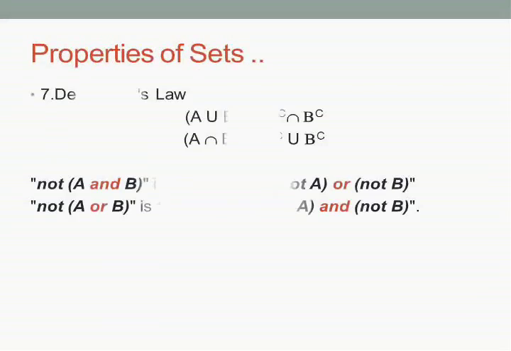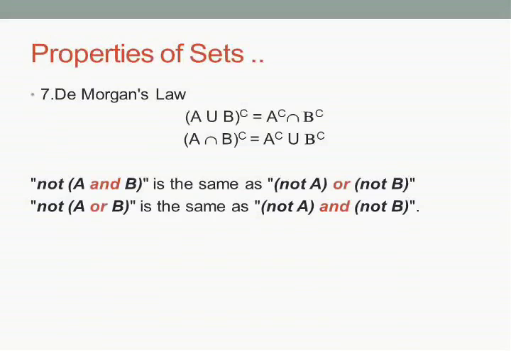Now let us move on to De Morgan's law. In propositional logic and Boolean algebra, De Morgan's laws are a pair of transformation rules that are both valid rules of inference. They are named after a British mathematician, Augustus De Morgan.